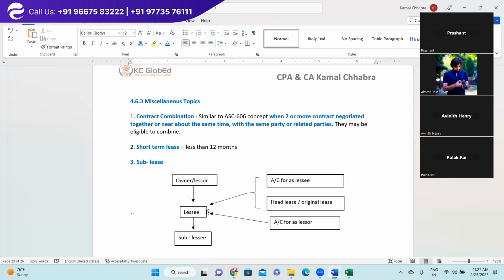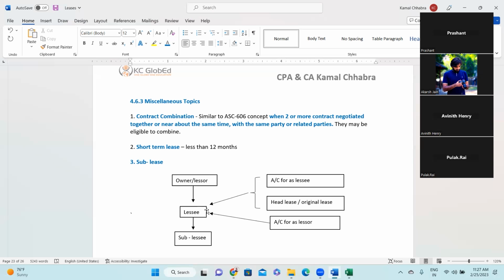At that point of time, generally when your brother, sister, or you need more space, you try to negotiate together to get a better deal. Generally there's a volume discount, right? That's the reason the standard setter understood the intent. Generally, when two or more contracts are entered into by the same party at the same time or near about the same time, or for a related party, and are negotiated together to get a good deal, they said these should be combined together and considered as one contract.